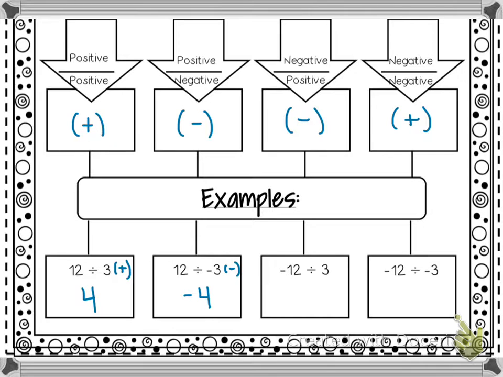What does negative 12 divided by 3 equal? Negative 12, my outcome is going to be negative. And negative 12 divided by 3 equals negative 4. Now I have 2 negatives, so my outcome is positive. What does negative 12 divided by negative 3 equal? Negative 12 divided by negative 3 equals 4.